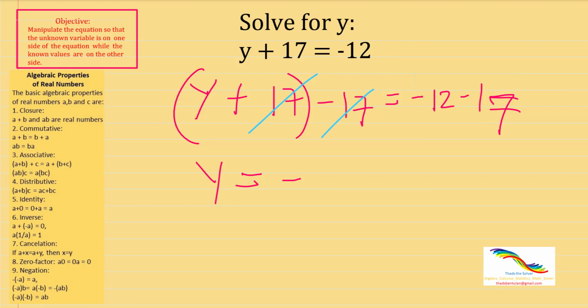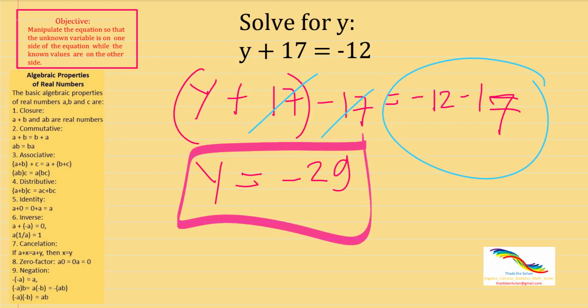On the right hand side of the equation, you will have negative 12 and negative 17. They have the same sign, so you just add the two and take on the negative sign for the sum. So this is negative 29. That's our answer, y equals negative 29.